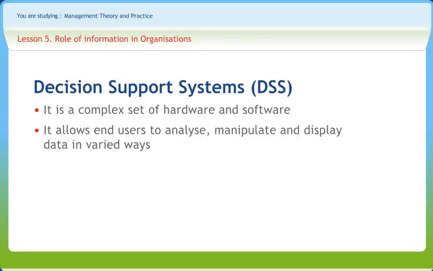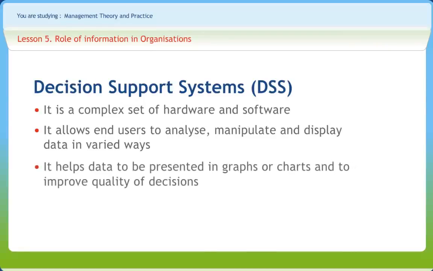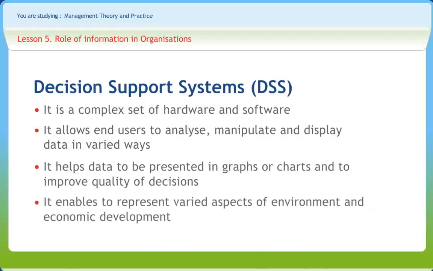Such a system aids decision making because the users can pull together data from different sources, view them in formats that may differ from the original formats, and create information from them. DSS helps data to be presented in graphs or charts and to improve the quality of decisions. It enables one to represent varied aspects of environment and economic development.